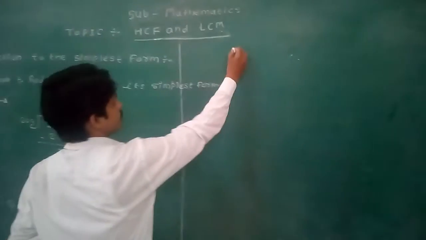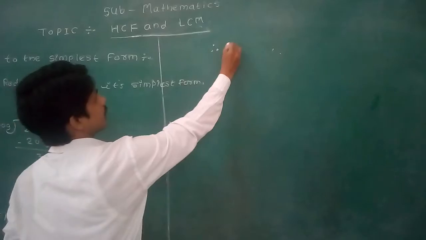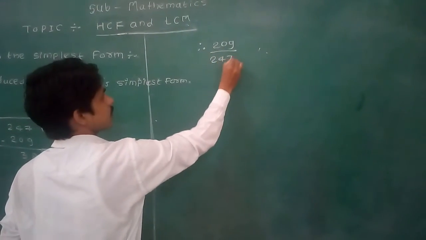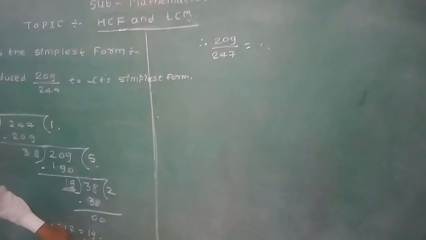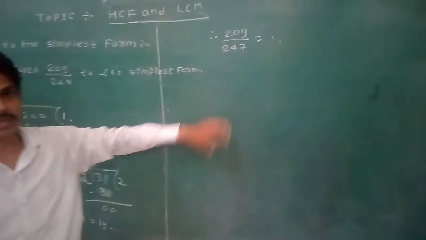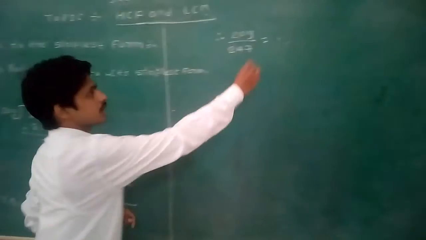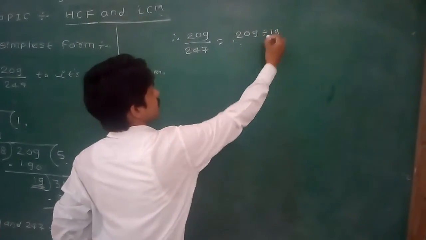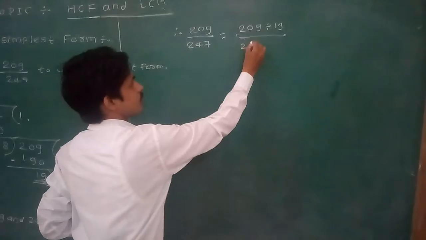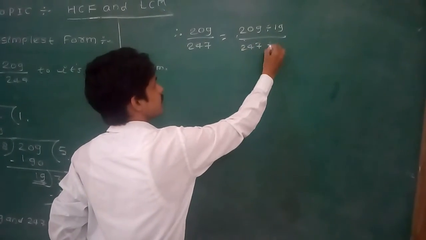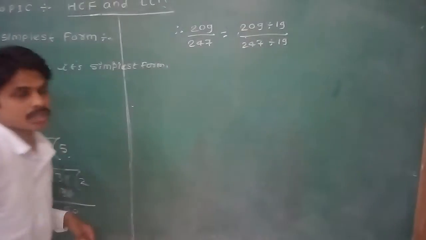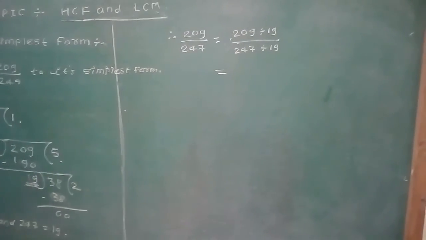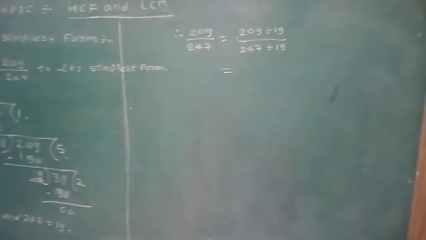Therefore this fraction 209 divided by 247 can be written by dividing both the numbers by 19. 209 divided by 19, we get 11.